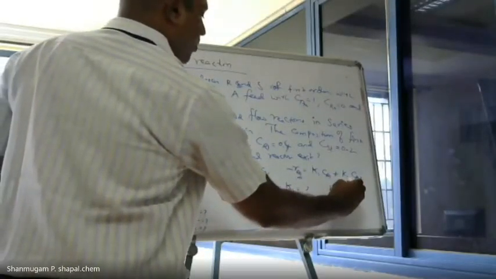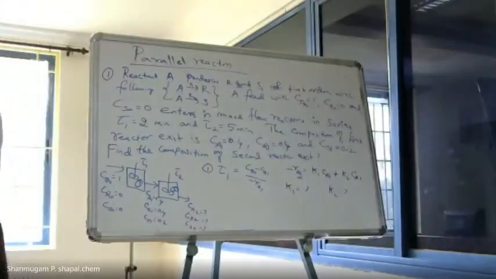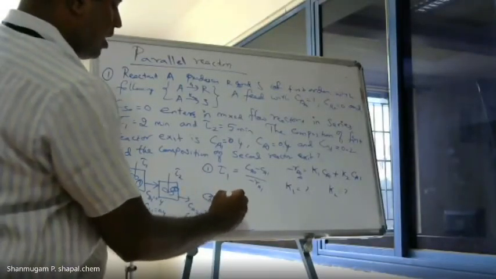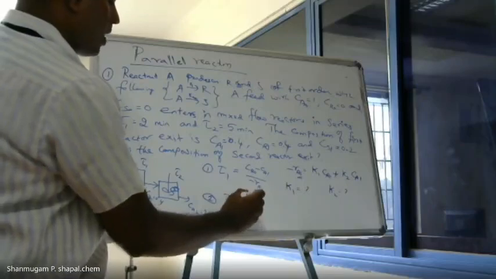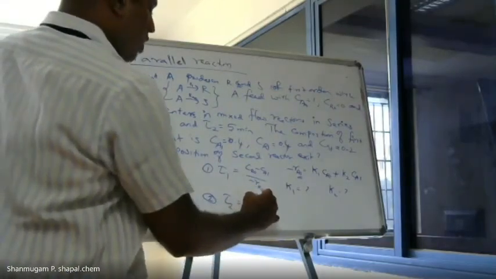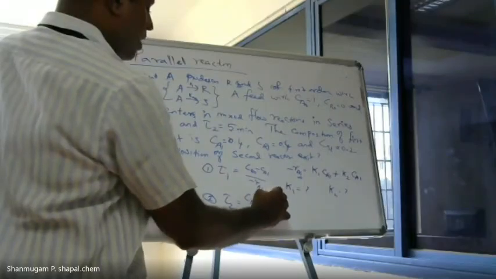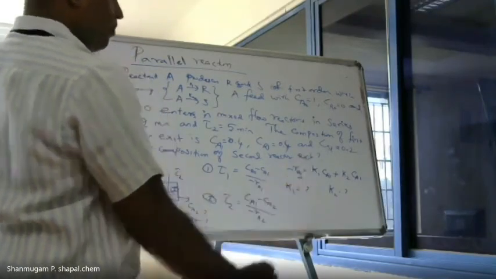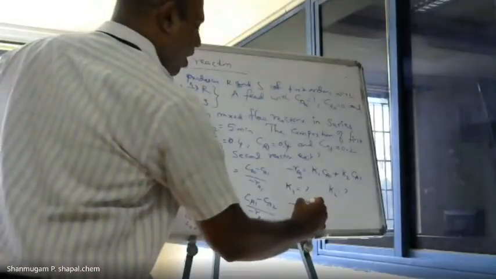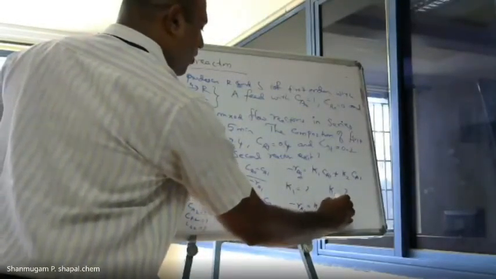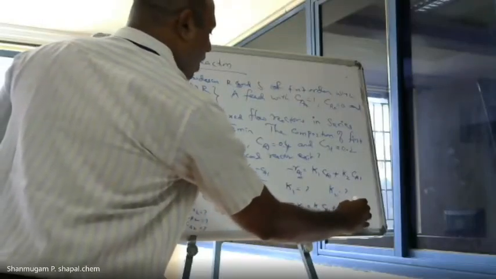Once you find K1 and K2, then you go with the second reactor, tau 2, and you know the tau 1 and tau 2 values. And you go with CA2 equal to CA1 divided by minus RA2. Minus RA2 is the same as the previous one, K1 CA2 plus K2 CA2.